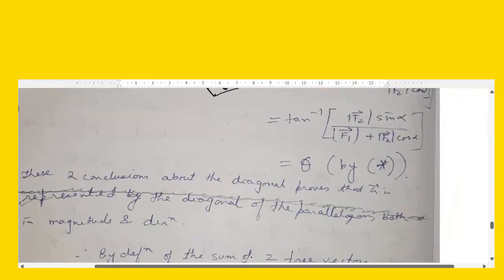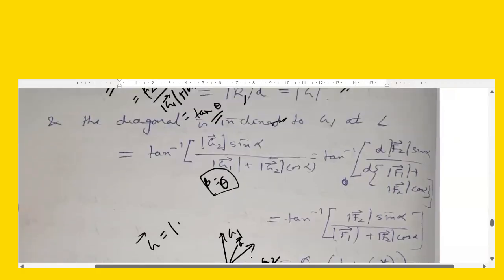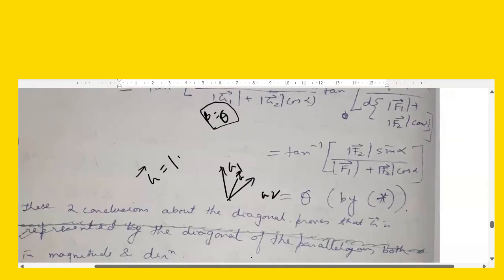That means I am ultimately having two vectors, G1 and G2, and G turns out to be the resultant of these two. And G's value turns out to be this R1 D, that is the resultant, whatever we started with. Now what is R1?